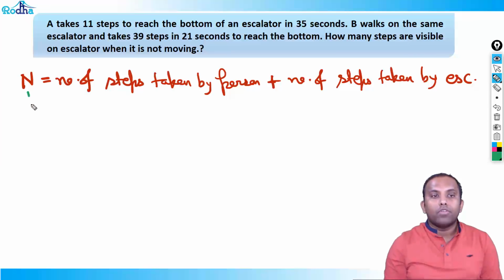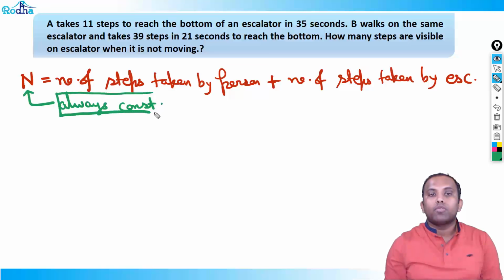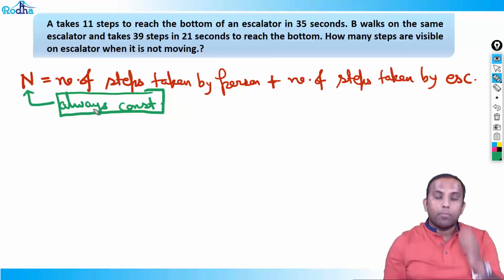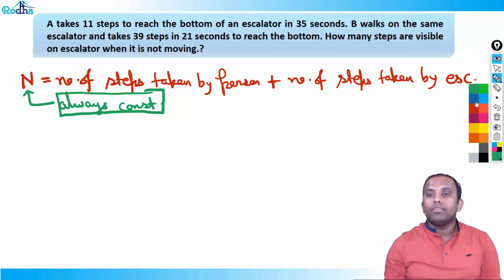Mark that N is always constant. This is the main USP of solving problems. We'll make N always constant. N is the number of steps on the escalator when it is switched off.